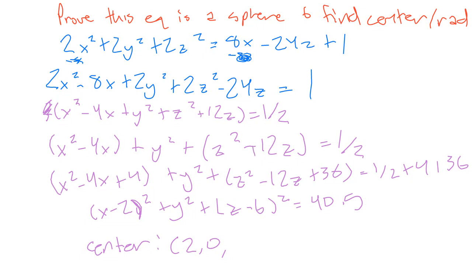That's a plus. These are all pluses right here. That does not affect anything though. So 2, 0, negative 6. And our radius is going to be the square root of 40.5. So that was a quick little sphere problem.